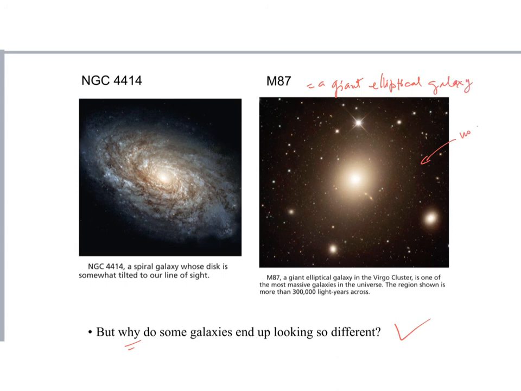There is no disk component, right? While obviously for the spiral galaxies like NGC 4414, the disk is very prominent, and then there are prominent spiral arms and so on.